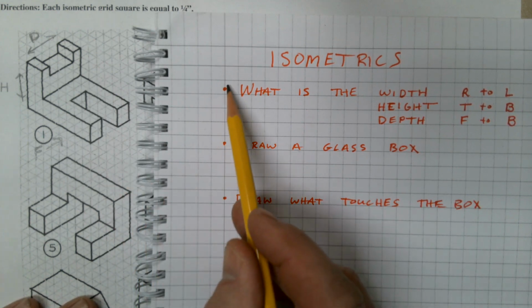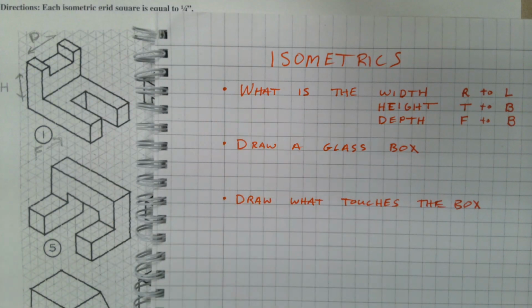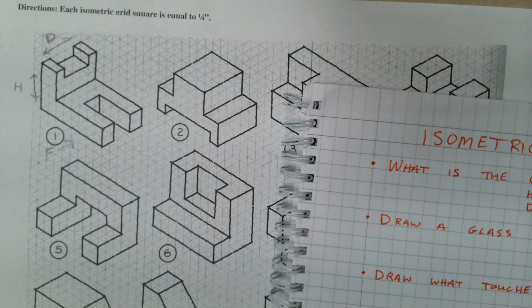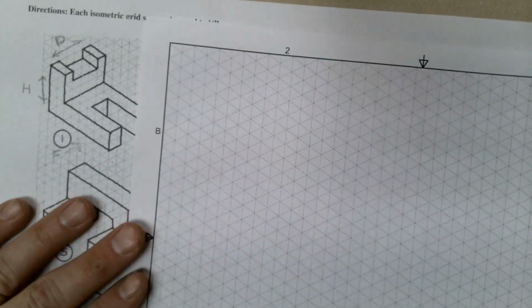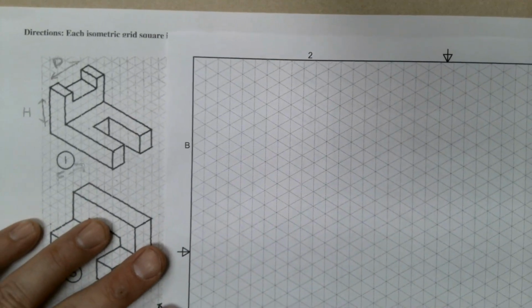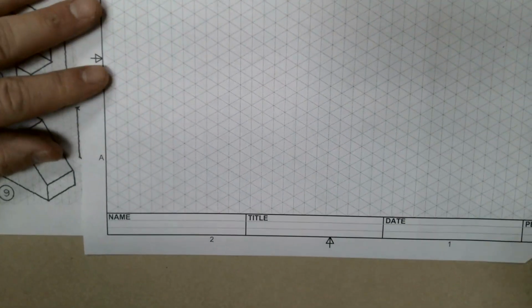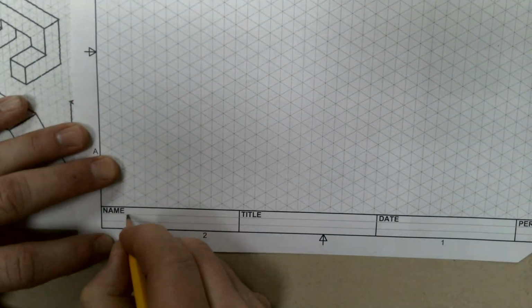So let's start by drawing shape number one. I'm going to move this off to the side. This is going to be shape number one. And of course, let's start down here at the bottom. Go ahead and put your first and last name.